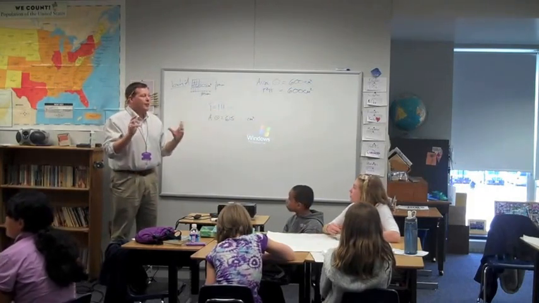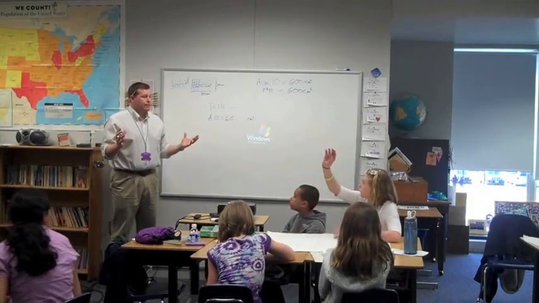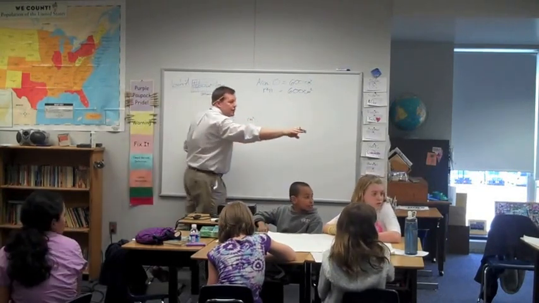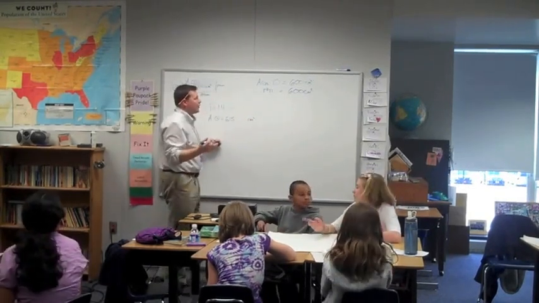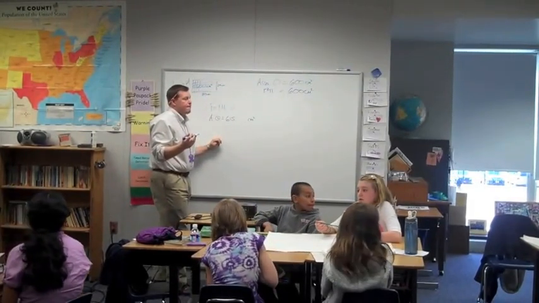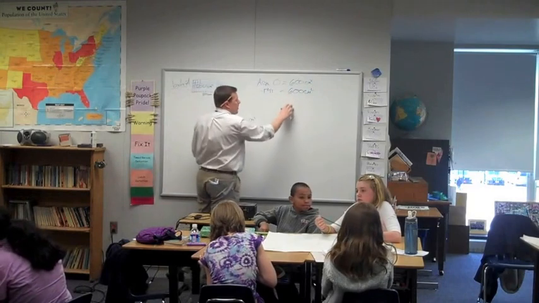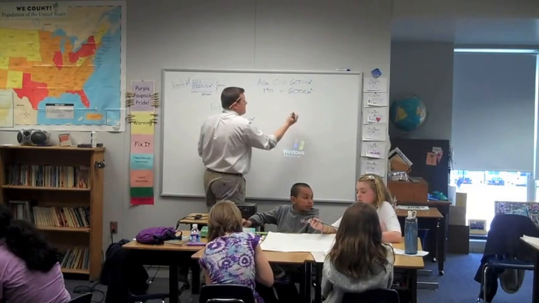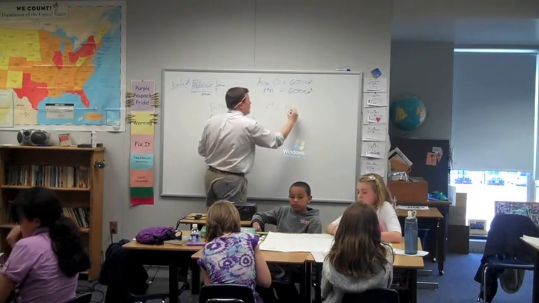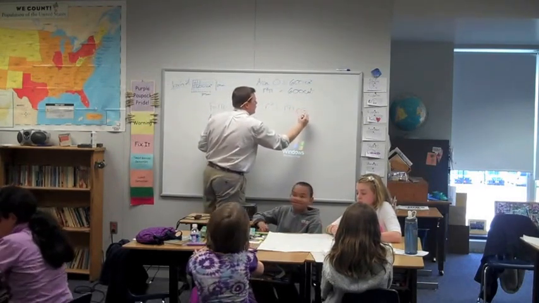Did anyone else do it differently? How did you guys find the radius? We went backwards. Okay, how did you work backwards? 600 divided by pi. 600 divided by pi gave me what? 191.0828026. Okay.